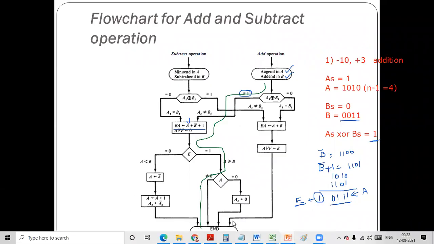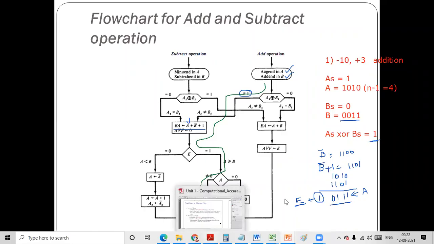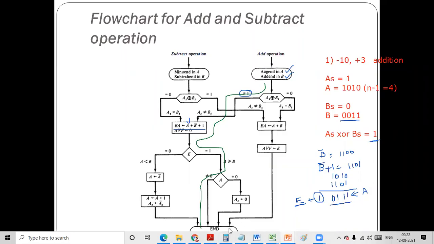So what is your A here? A is available in the magnitude, the result of magnitude, and whatever it is there in AS, that will be the resultant sign. Okay, right? No changes to AS and A. So AS is equal to 1. Okay. So now complete, your result is 1, 0, 1, 1, 1.